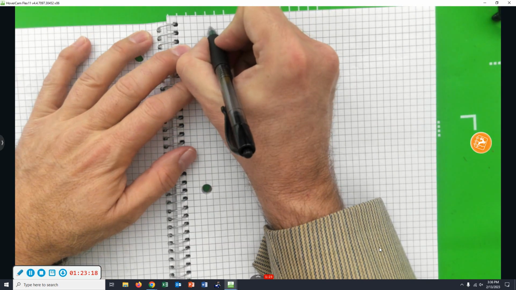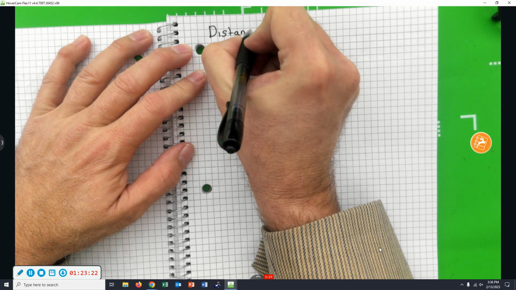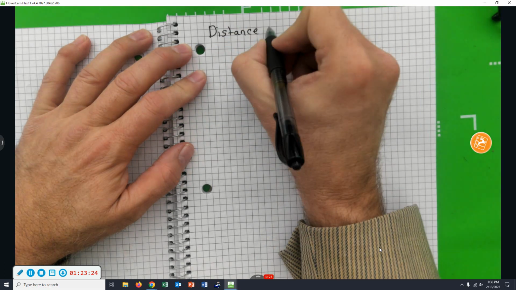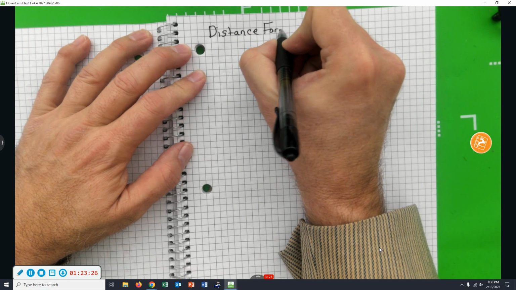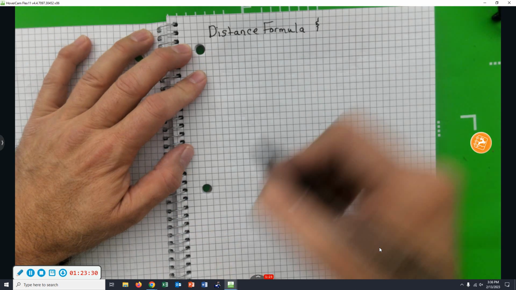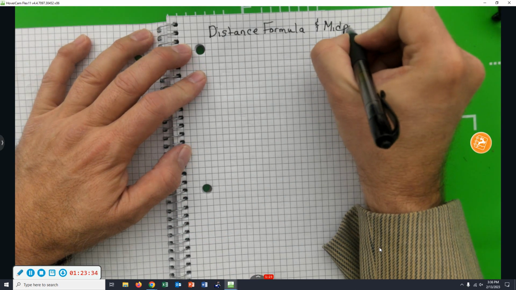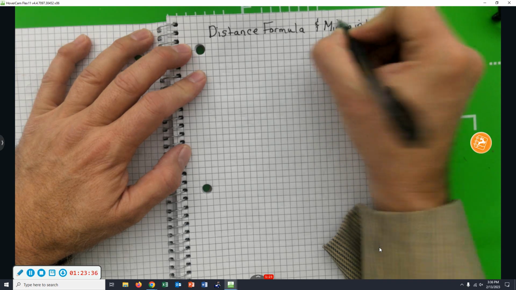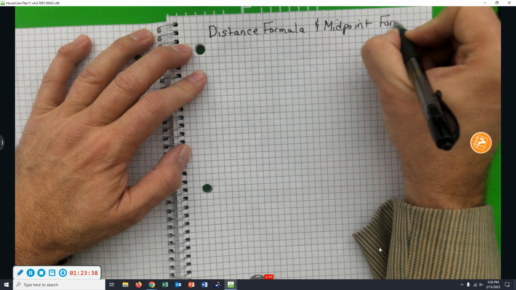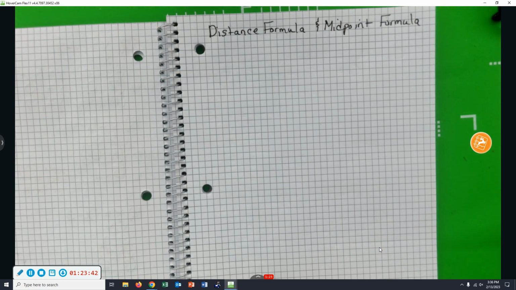We're going to look at something called the distance formula. What that does is calculate the distance between 2 points. And we're going to have something called the midpoint formula. That'll calculate the point right in the middle. Distance formula and midpoint formula.